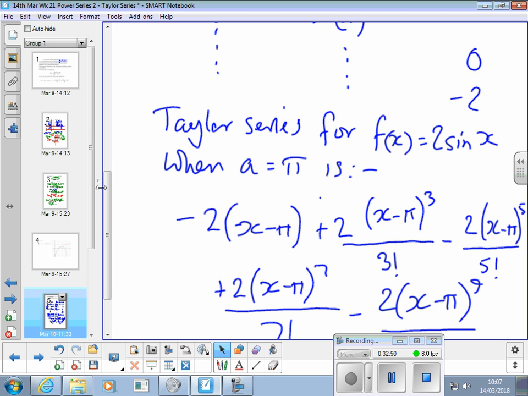By putting the constants in the power series. Yeah, by inserting them in the power series. All right?